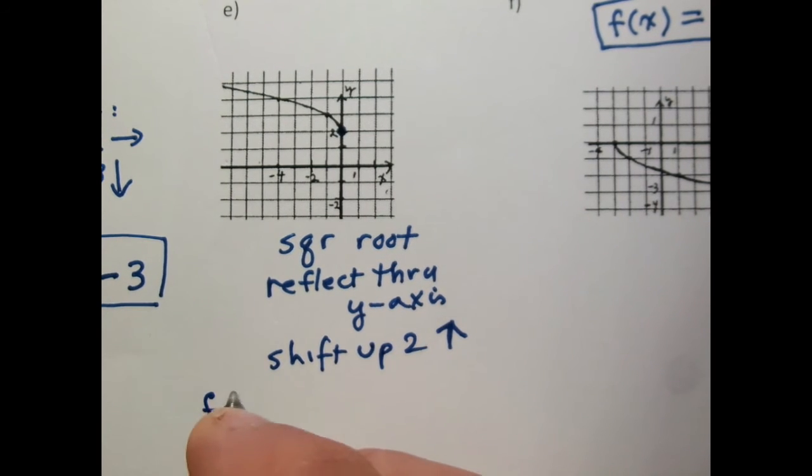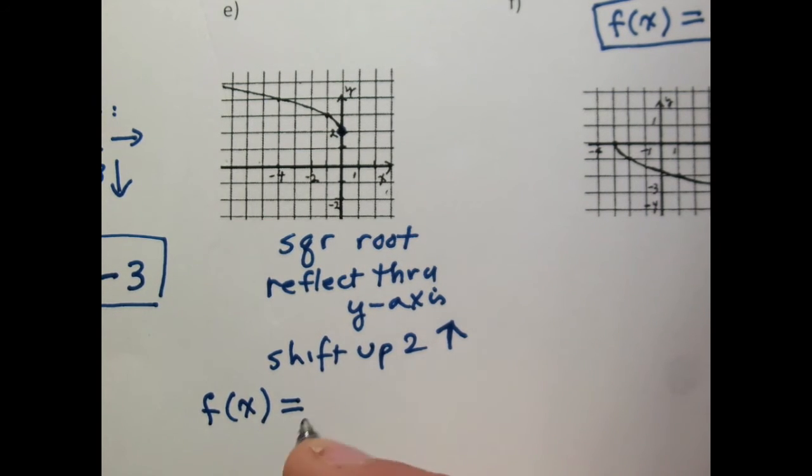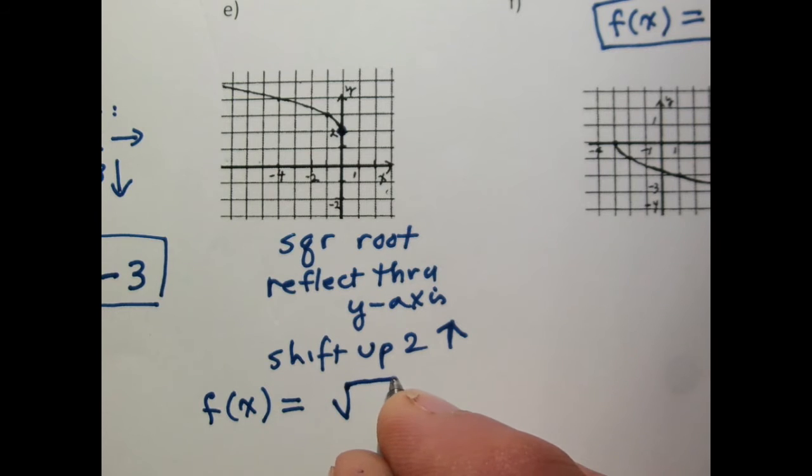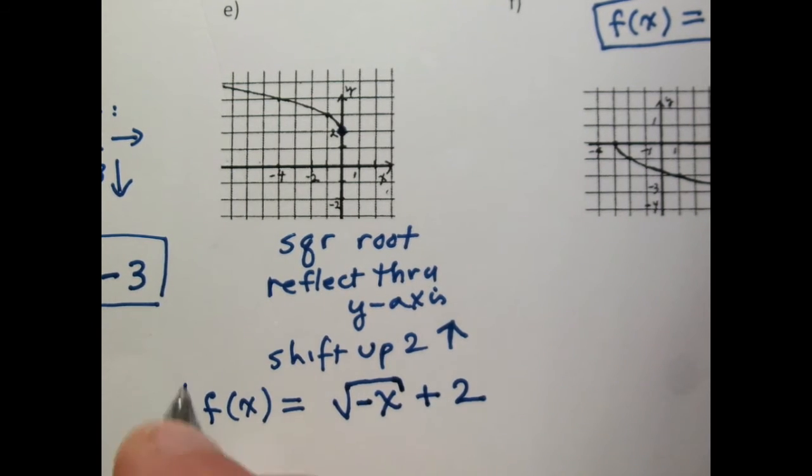So let's see how we're going to express that. We're working with the square root function to shift through the y-axis. Now this is that funny looking one. Didn't we do one example of this strange looking thing where we take the square root and inside of it we change x to minus x? And then we're going to shift up 2 units, so make sure you close your square root, and we're plus 2.